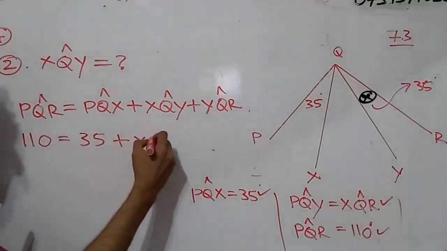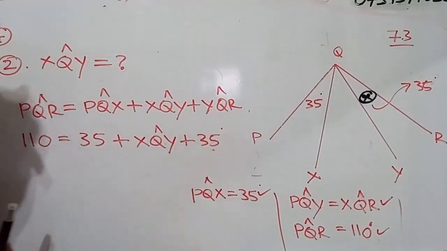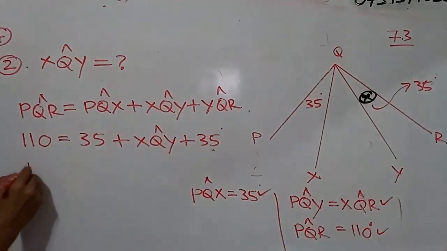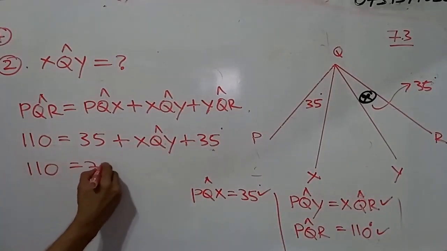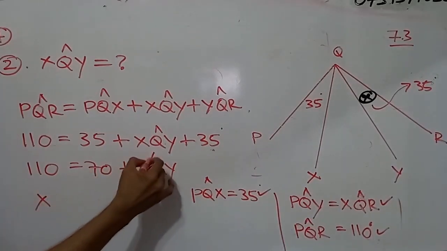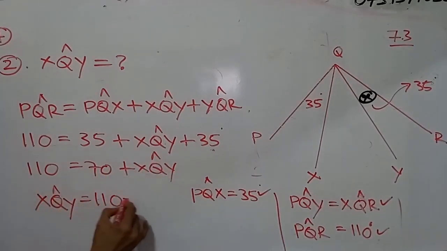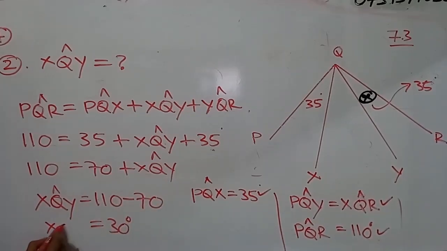Plus XQY, that's the angle that we need to find. YQR means again 35. 35 plus 35 we get 70, plus XQY. So what's the angle XQY? 110 minus 70, which will be 30 degrees.